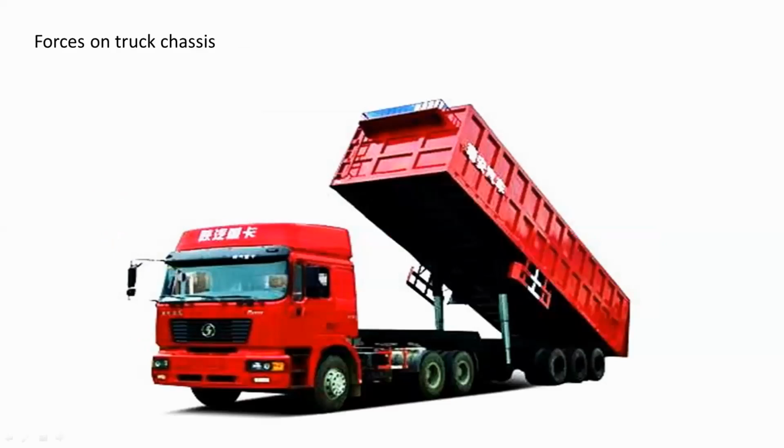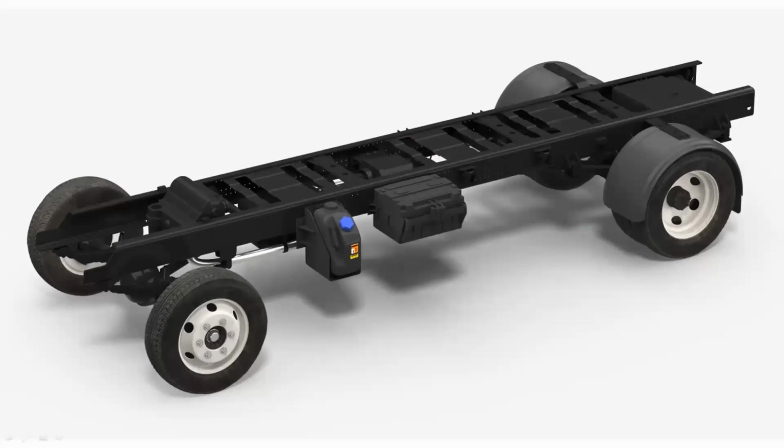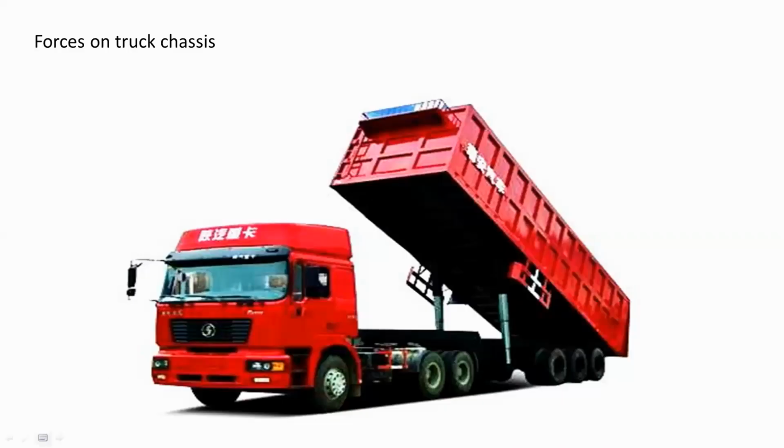The second example is the forces acting on the automobile chassis. So basically the chassis is nothing but the frame structure which is used to support the load in the automobile. So suppose this is a trolley. So generally this trolley carries sand or some other material.